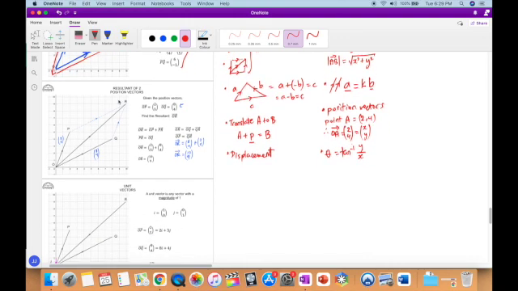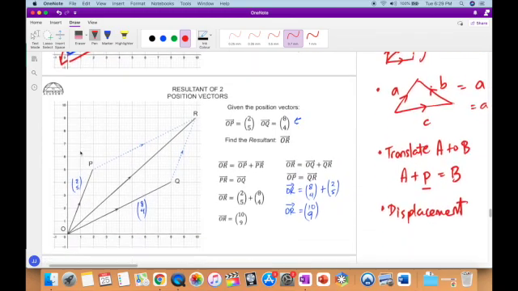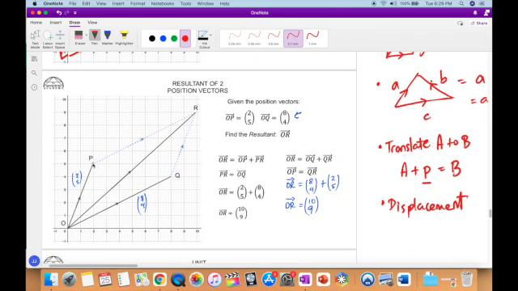This next one here is also using position vectors, but you can see this one here, we had the P and we had the Q, and they told us that the vectors OP and OQ, find the resultant of OP and OQ, right? The resultant OR, yeah?